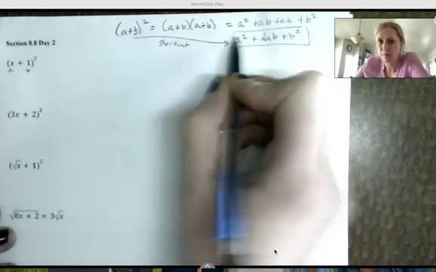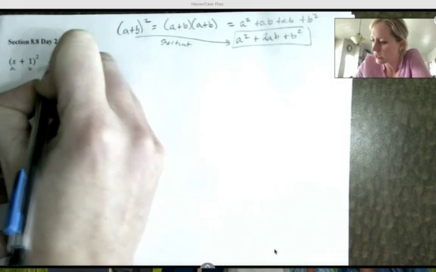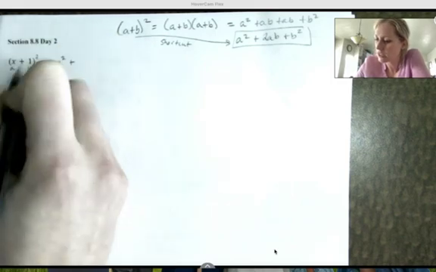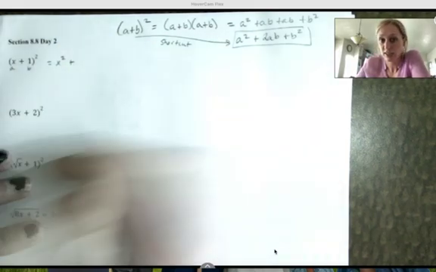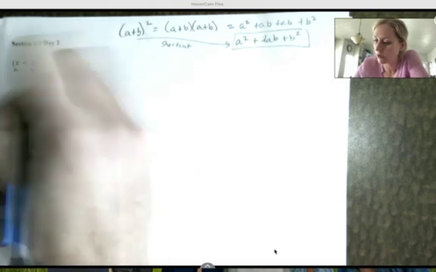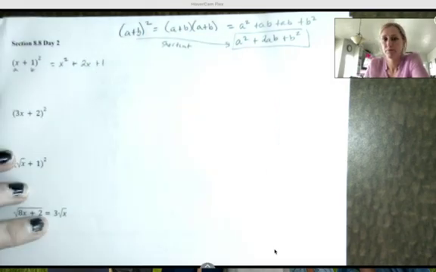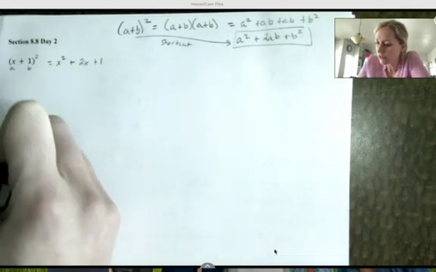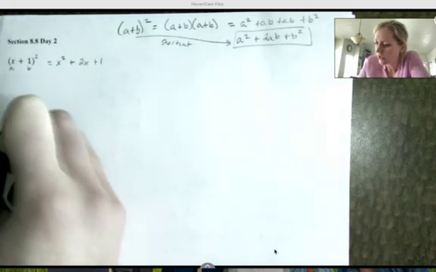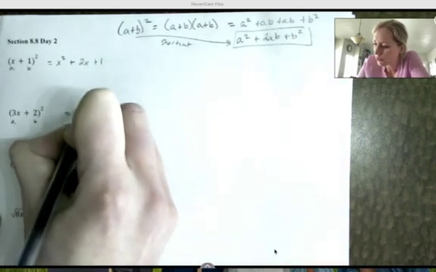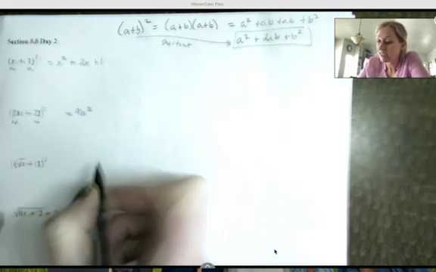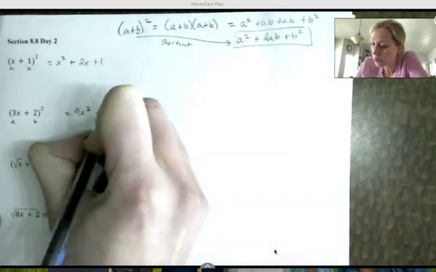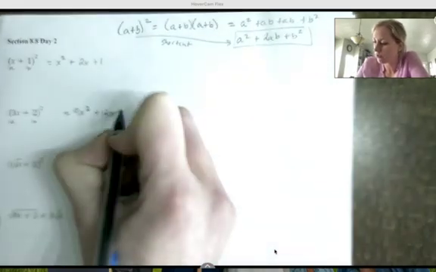So if I just jump right to here, it's going to be x squared plus 1 times x is x, 2 of those, and then 1 squared is 1. Again, here's the a and the b. So a squared is going to be 9x squared. ab is 6 times 2 is 12, and b squared is 4.